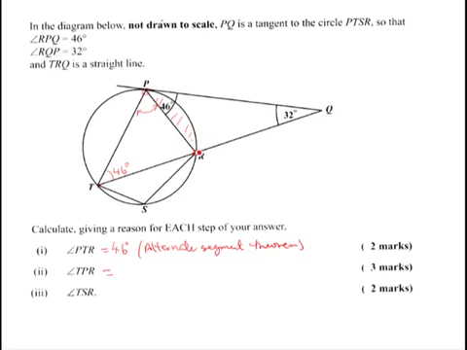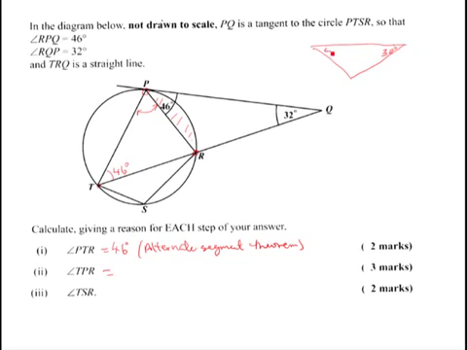But what I can do so far is, if you look at this, what I notice is that we have a triangle outside here, triangle PRQ. So let me draw that. This is 32 degrees.